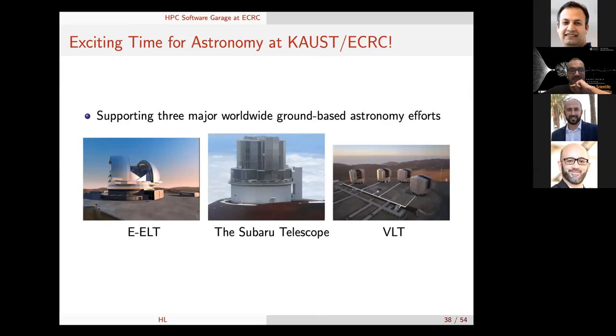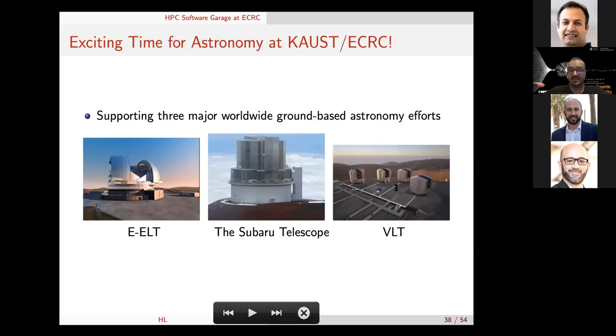We're really happy and excited to say that we support the three major worldwide ground-based astronomy efforts: the European Extremely Large Telescope from a European consortium, the Subaru Telescope from Japanese astronomers, and the Very Large Telescope from a worldwide consortium. The ELT is still being designed and not deployed yet, but the Subaru and the VLT are being deployed.